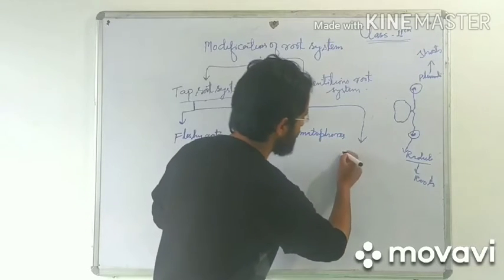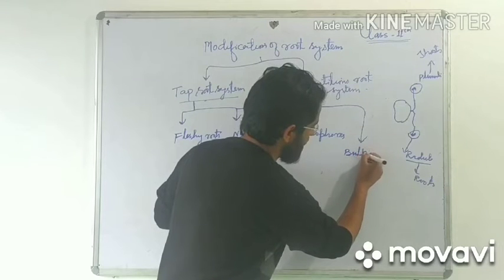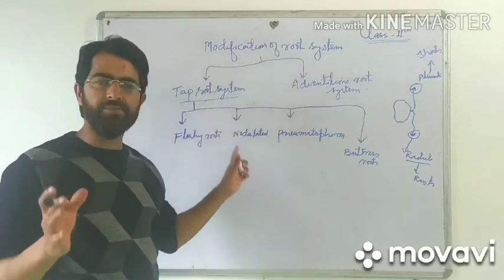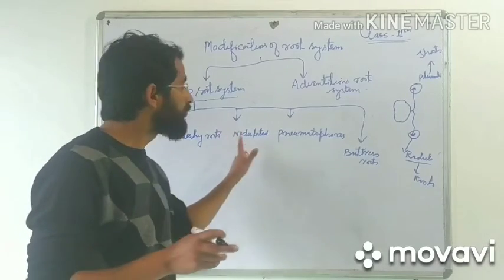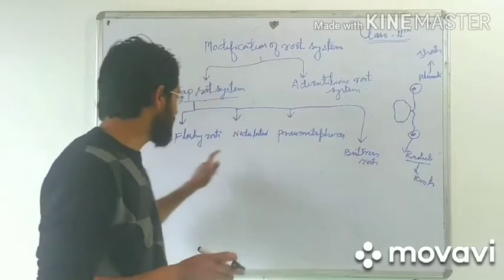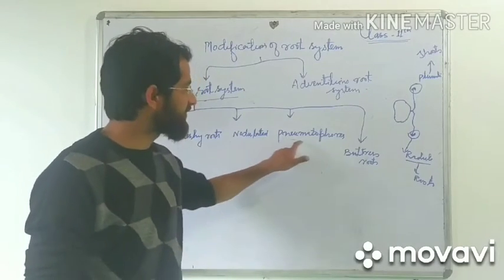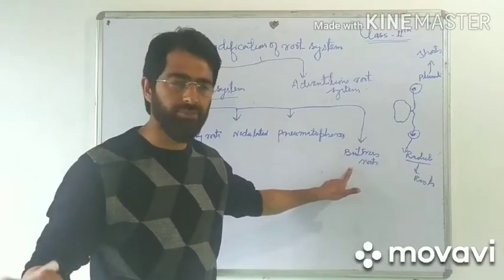And finally, fourth is buttress roots. That means the taproot system is of four types based on four types of modification. One is for storage, second is for nitrogen fixation, third is for gaseous exchange, and fourth is for mechanical support.